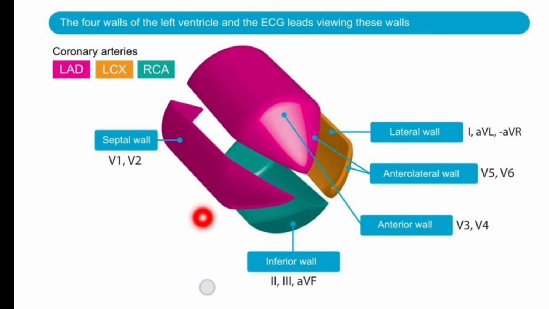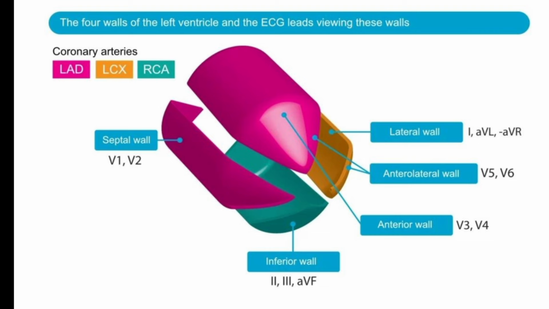The inferior wall of the heart is denoted through lead 2, lead 3 and the augmented lead AVF, and the lateral wall is denoted with lead 1, AVL and AVR. The septal wall is denoted with V1 and V2.